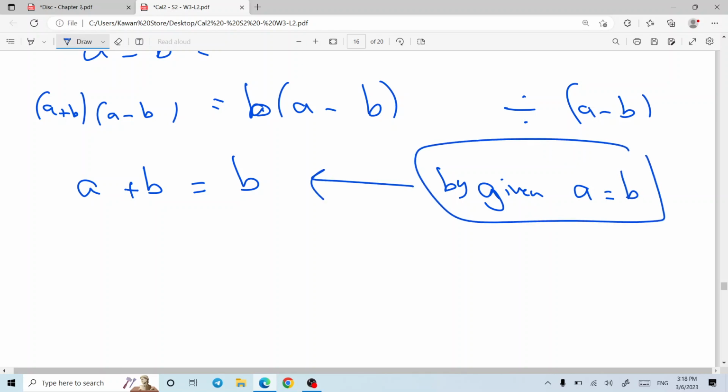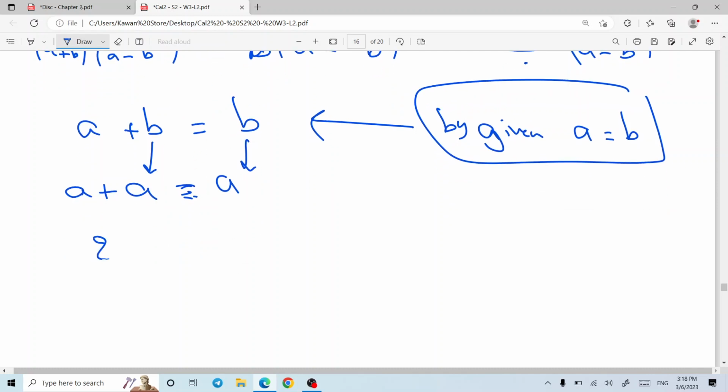A plus A equal to A, because A and B are equal. So 2A equal to A. Divide by A. 2 equal to 1. Where's the mistake?